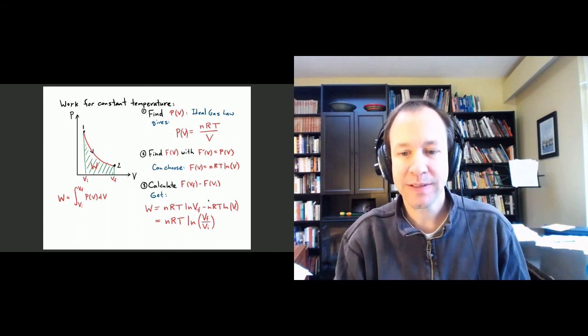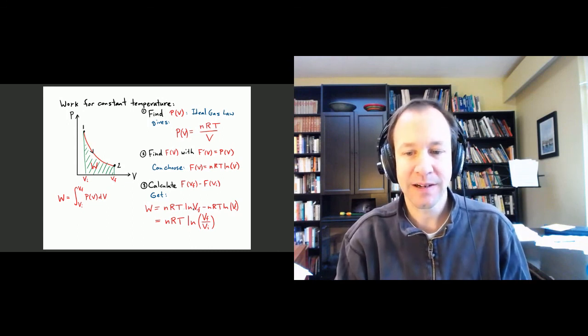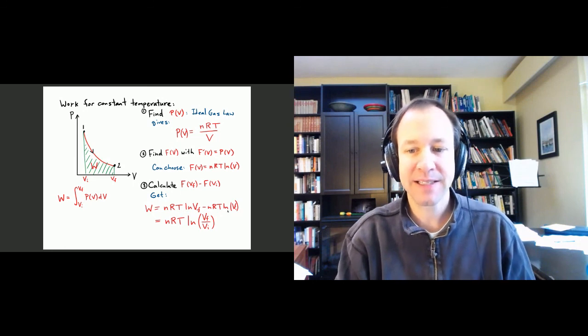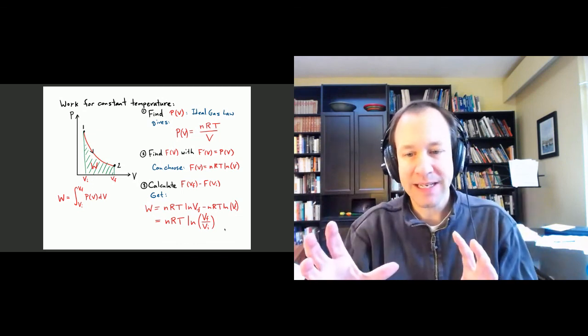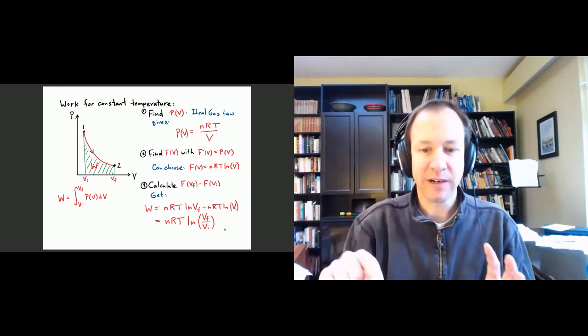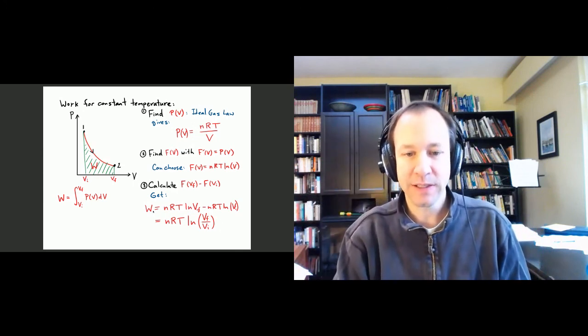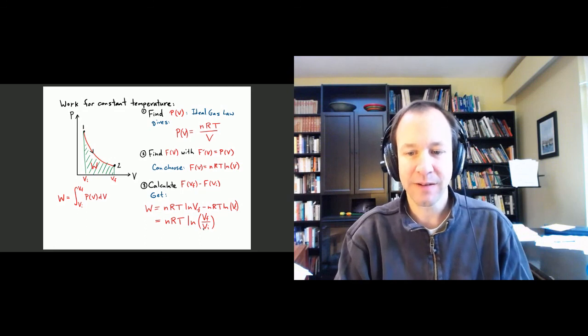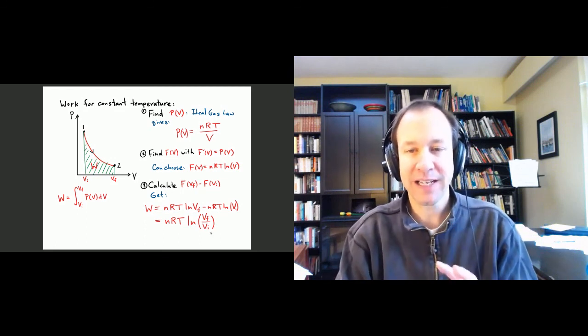So plugging those things in, we get nRT log of final volume minus nRT log of initial volume. And the result is, using the logarithm identity that log of b minus log of a is log of b over a, we get this final equation. W equals nRT log of V final divided by V initial.